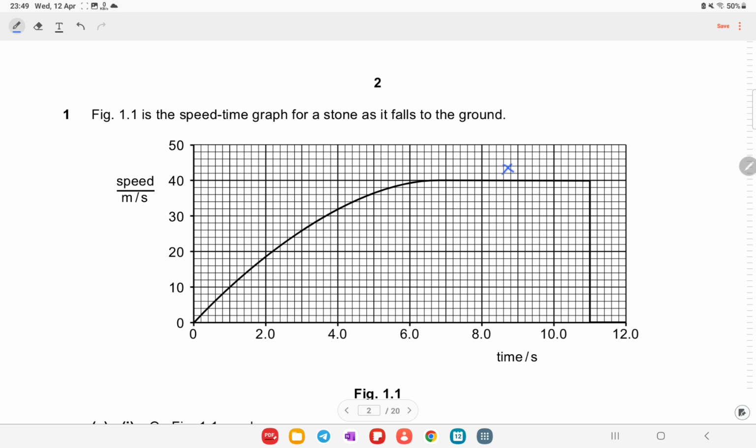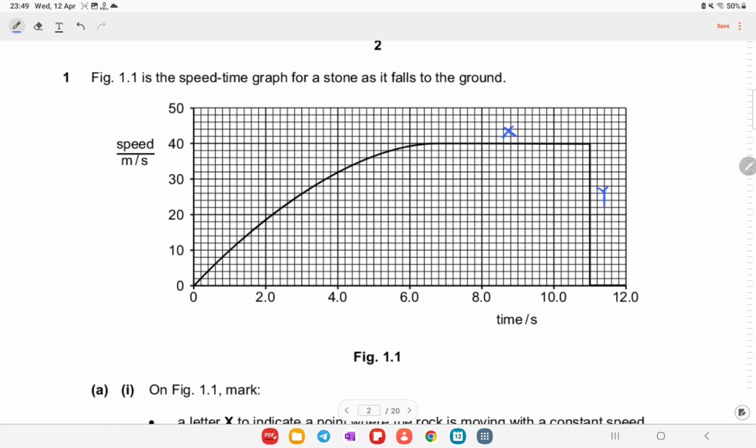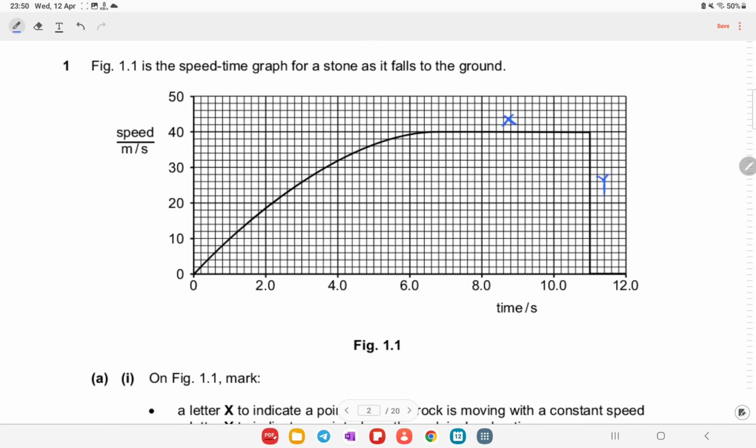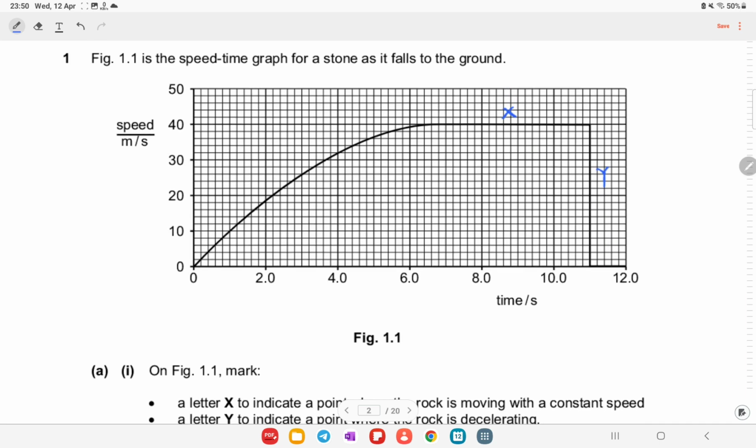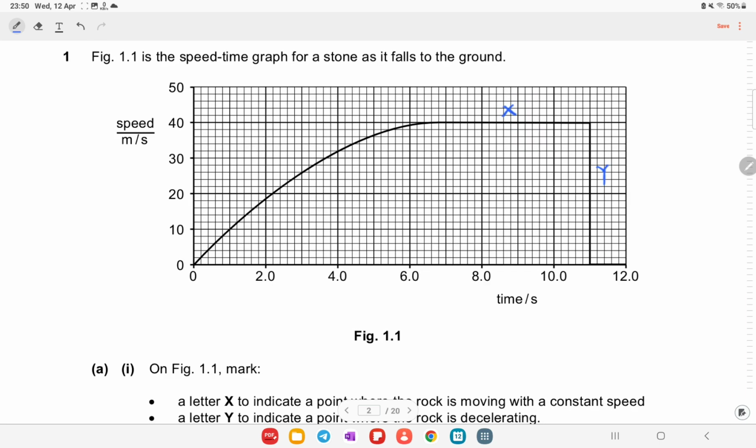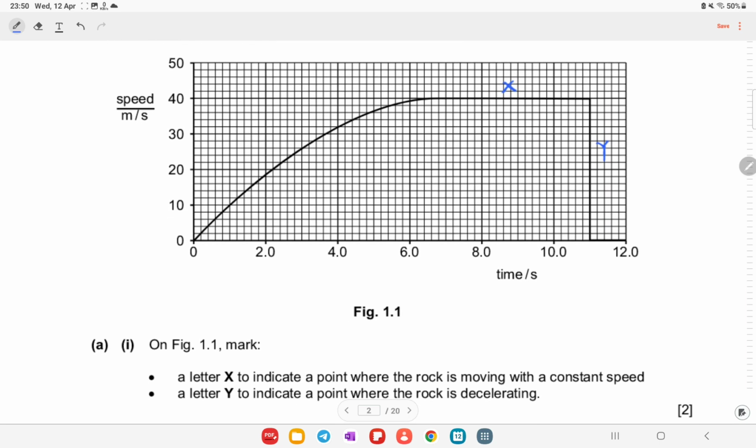Obviously you must have studied earlier that in a straight line the speed of the object is constant, and deceleration or retardation is the point where your acceleration is decreasing, when the object's speed or velocity is decreasing.